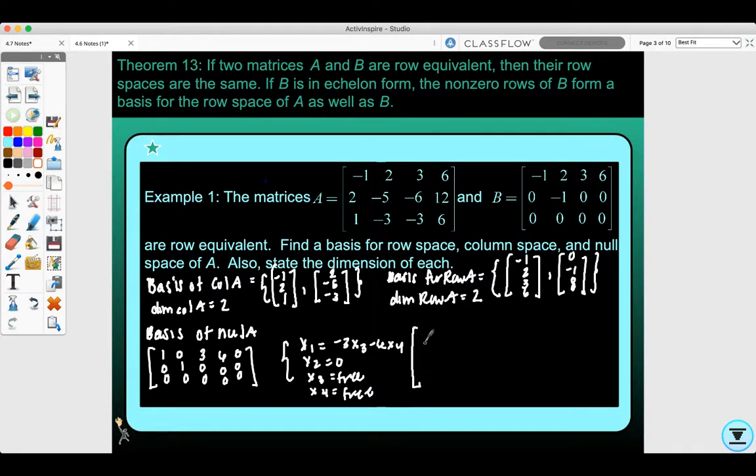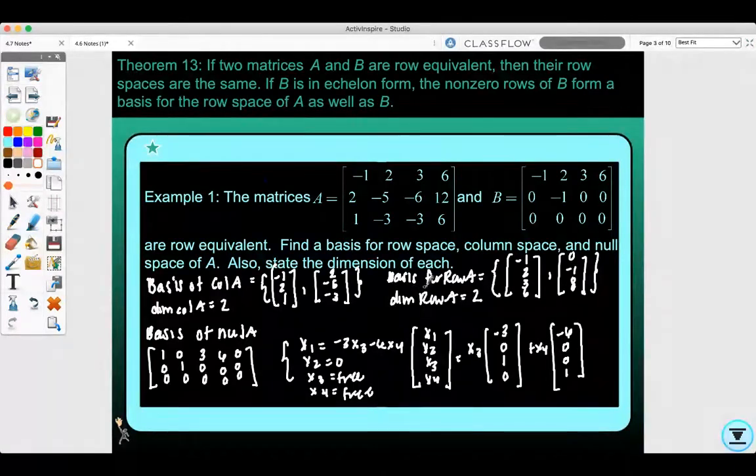So I would have x1, x2, x3, x4 equaling x3 times -3, 0, 1, 0, plus x4 times -6, 0, 0, 1. And the basis for Null A would be v1 and v2, if I call those v1 and v2.